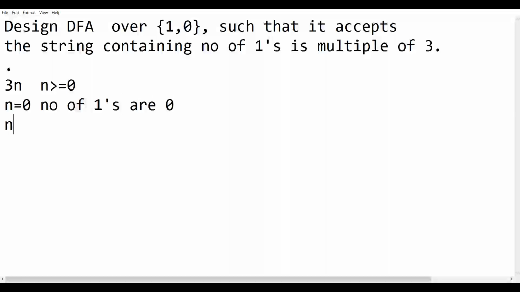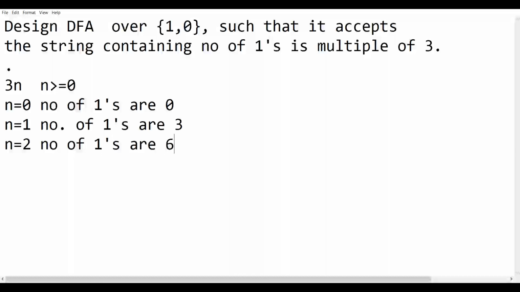Next, when n is equal to 1, the number of ones is 3. And so on. One more example: when n is equal to 2, the number of ones is 6. So we need to consider all such strings.